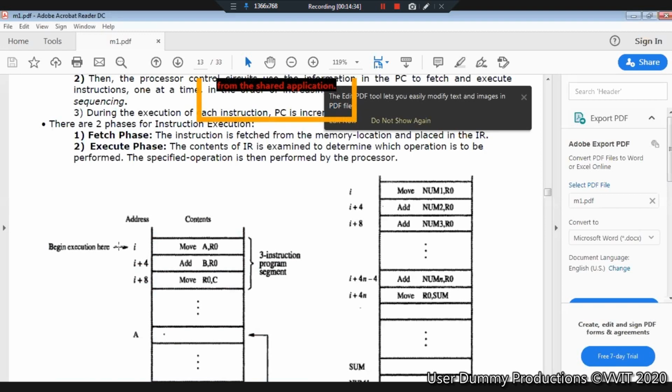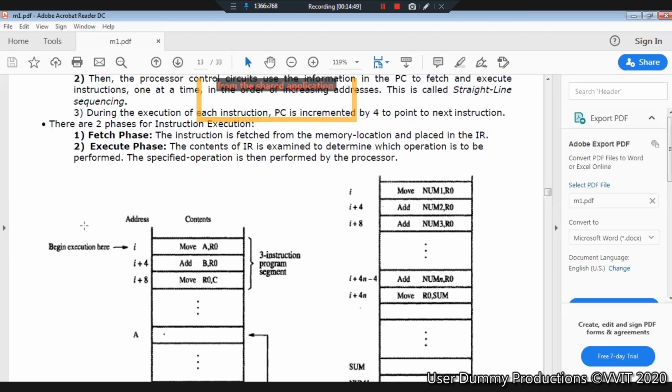Since each instruction size in our program is 4, the next instruction will be 1000 plus 4, that is 1004. Got it?